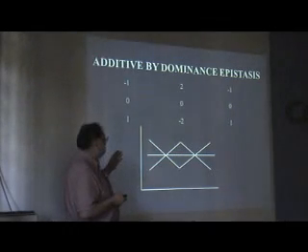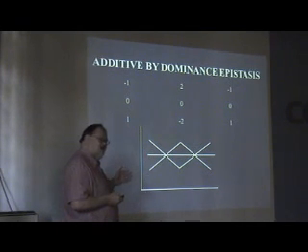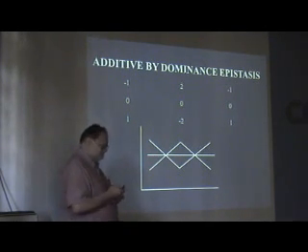We also have additive by dominance epistasis. In this kind of epistasis, the additive genotypic values change at one locus across the other locus's genotypes, while the dominance changes at the second locus.